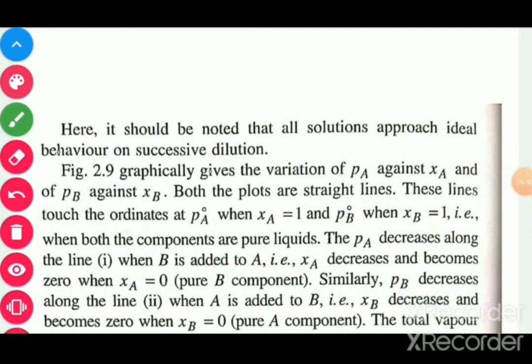Here it should be noted that all solutions approach ideal behavior on successive dilution.